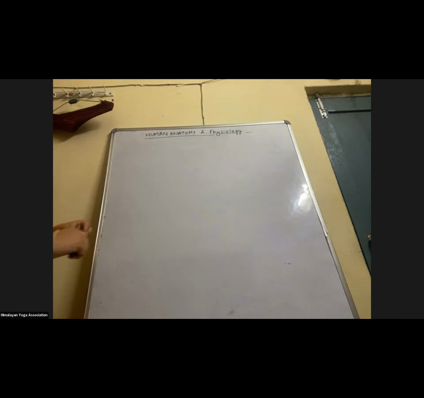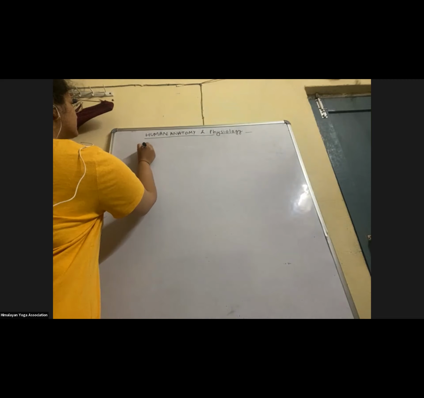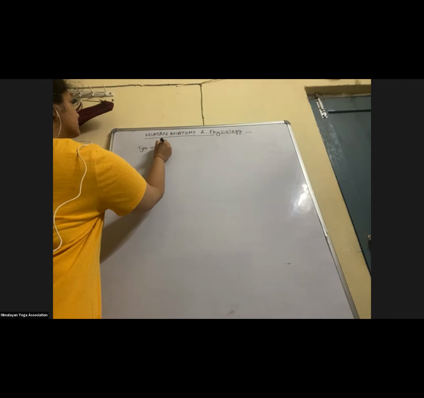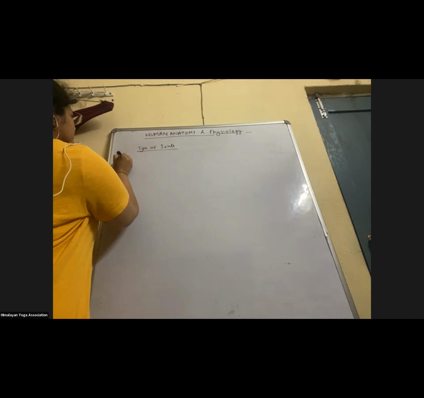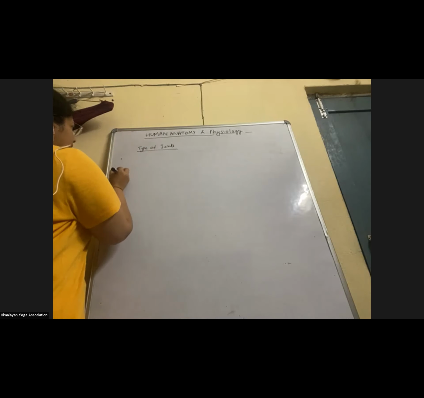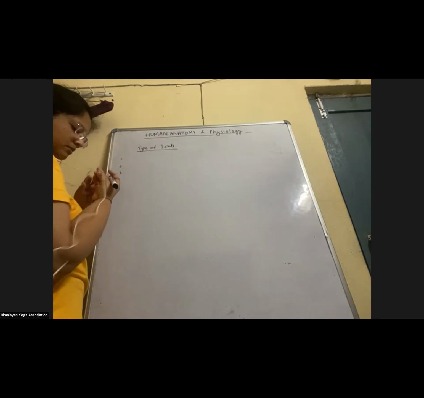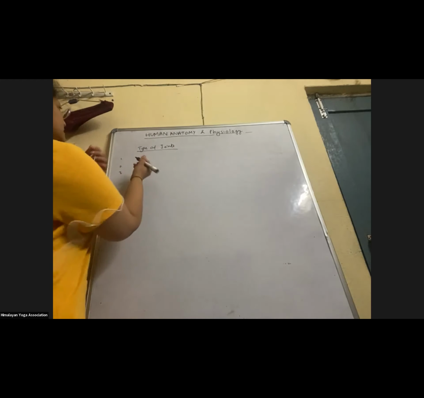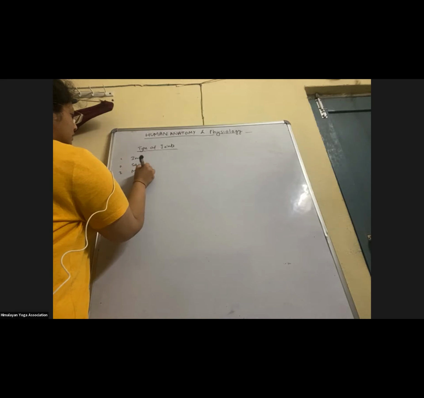Okay. So, how many types of joints we had? The 3 types. Immovable, semi-movable, and movable.